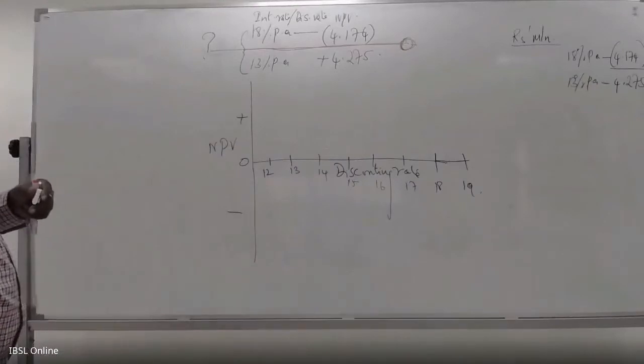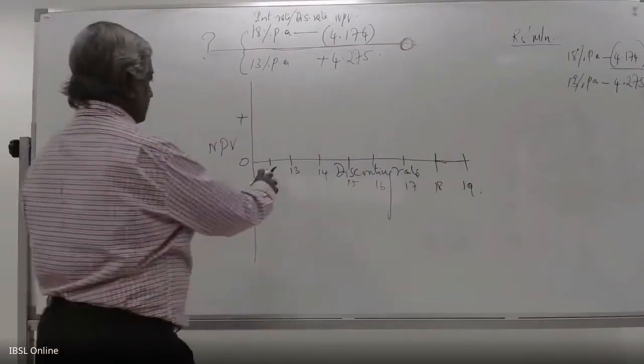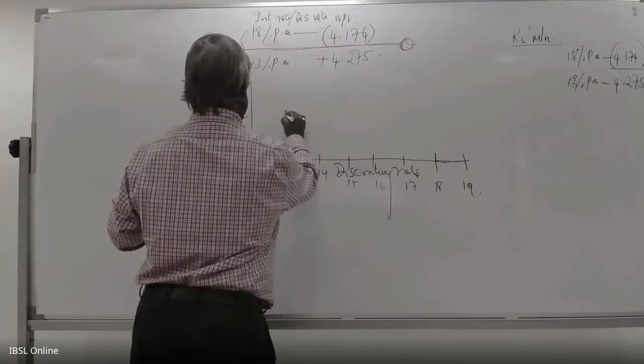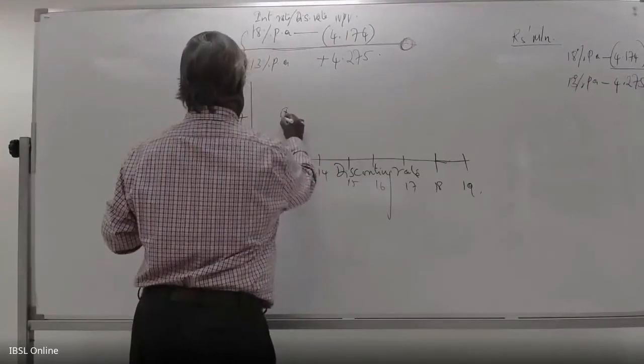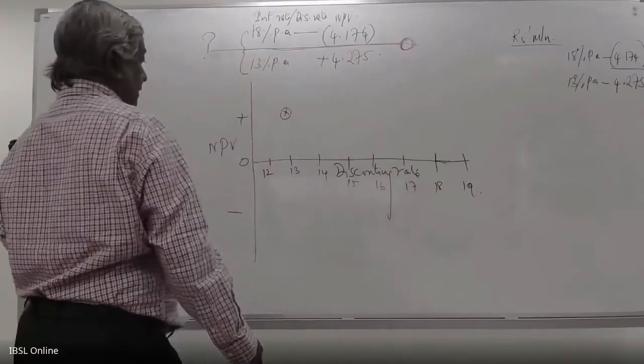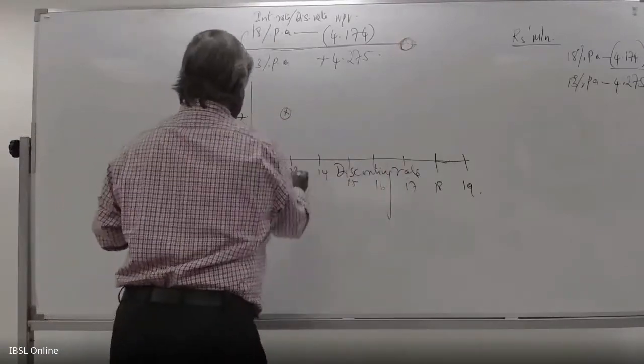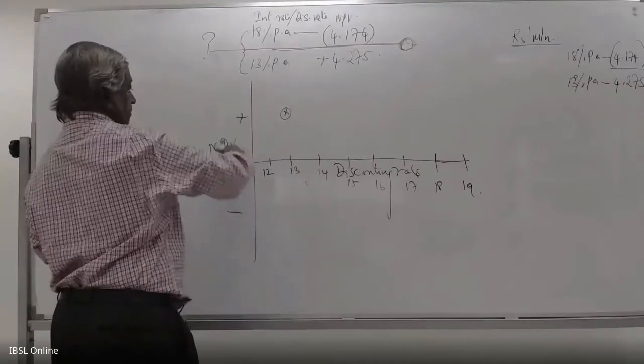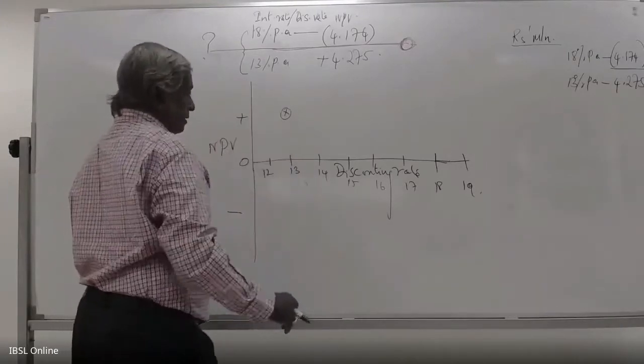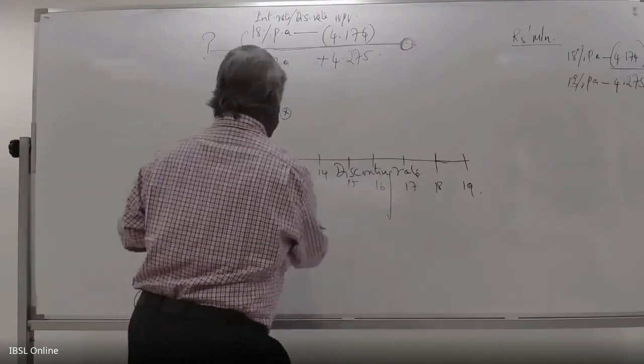At 13%, the NPV is positive, maybe somewhere here. And at 18%, the NPV is negative.